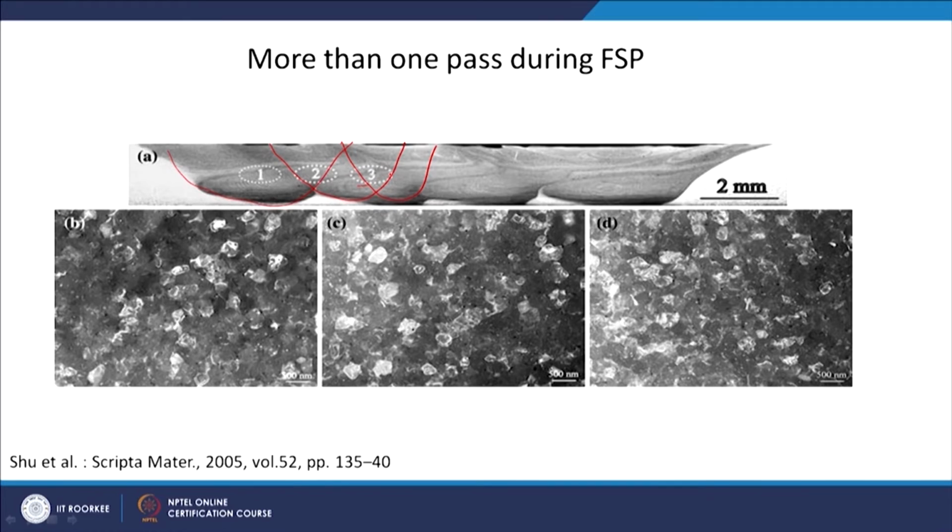And you can see that from the microstructure we do not see much difference. The microstructure is more or less uniform whether you are in the first pass, second pass or third pass. So, that is a very good outcome of this processing, that the microstructure is not getting affected too much by multiple passes. So, you can easily extend friction stir processing as a bulk processing technique.